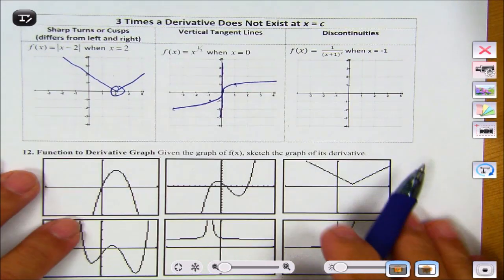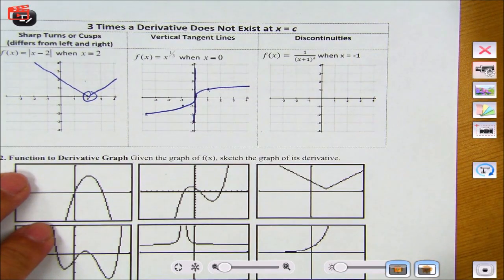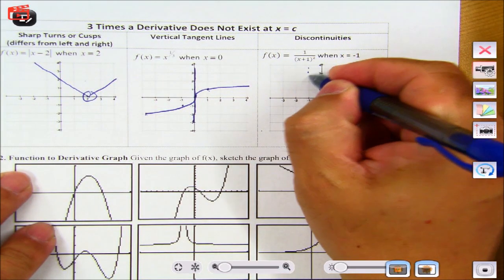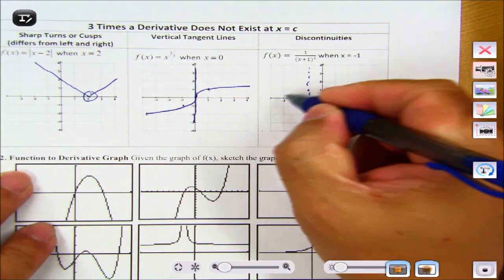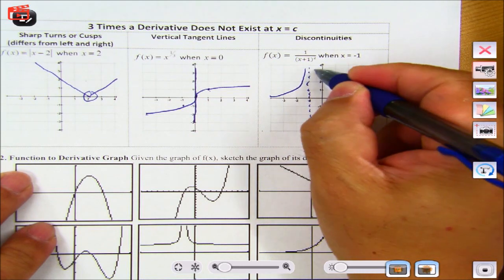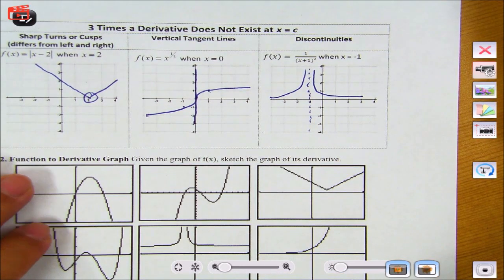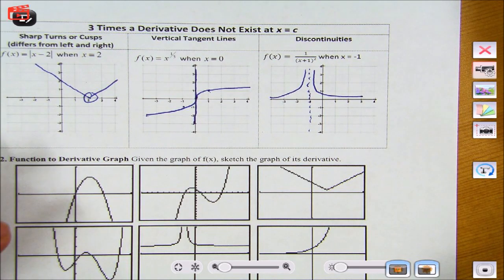This one, we have a vertical asymptote at -1, so the graph looks like this. Where it's not continuous, it doesn't have a derivative.